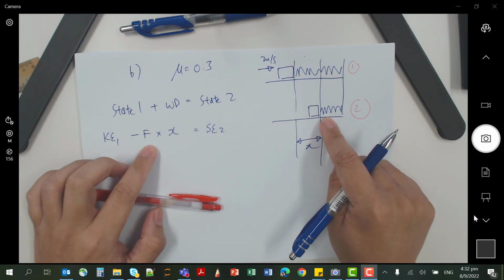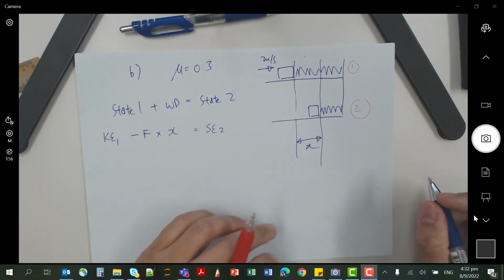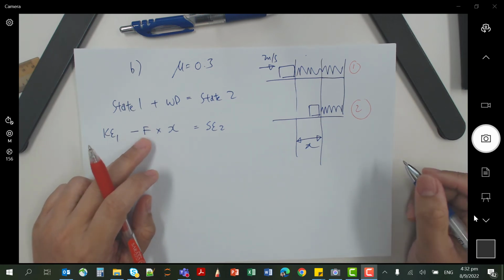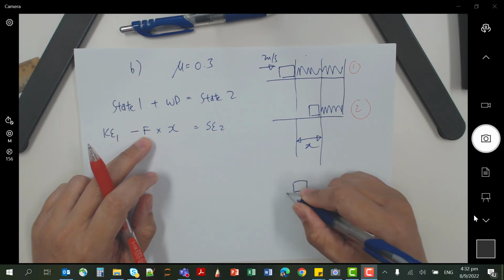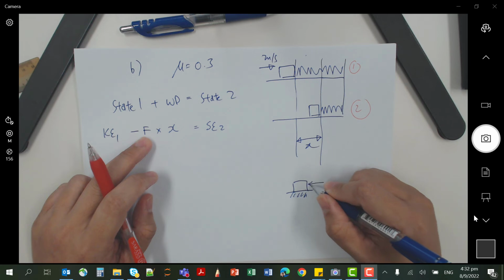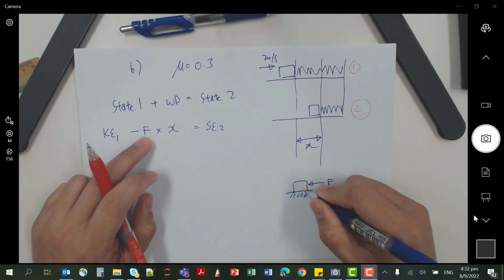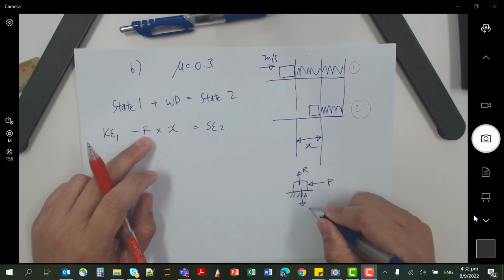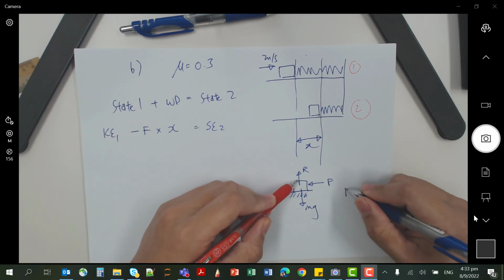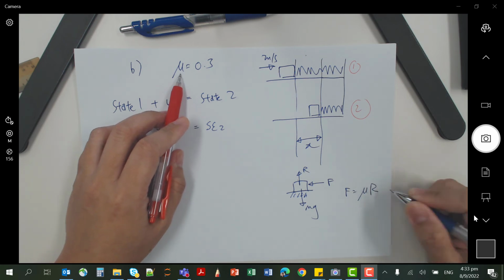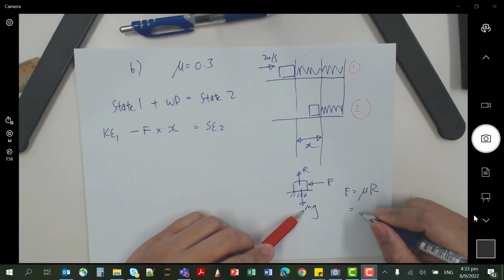So this is your equation, and we can also find what is F, your frictional force, based on your friction equation. Friction is coefficient times reaction, and the reaction in this case is your mg.